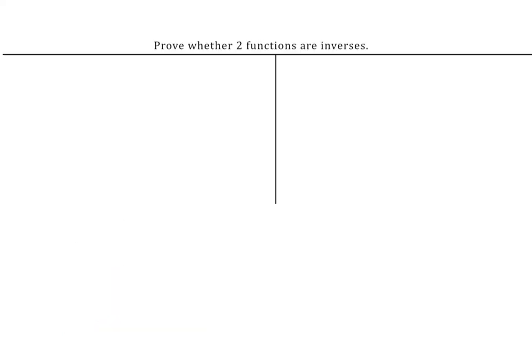Okay, the last example is now I'm going to give two functions and we're going to prove that they are inverses of each other. So if I have f of x equals 6 over (x minus 4) and g of x equals 6 over (x plus 4).